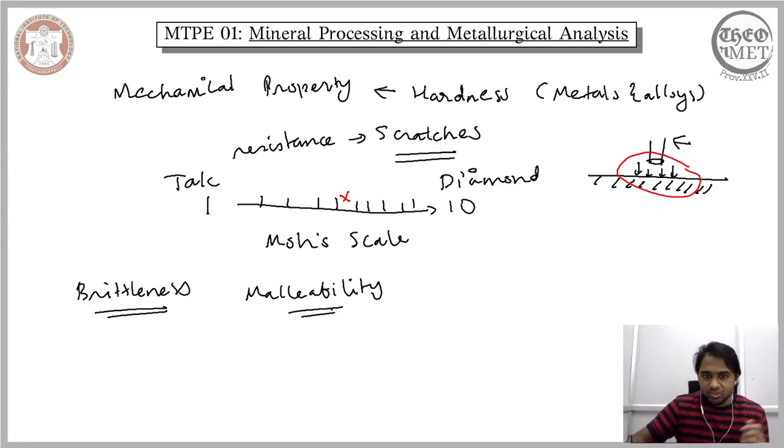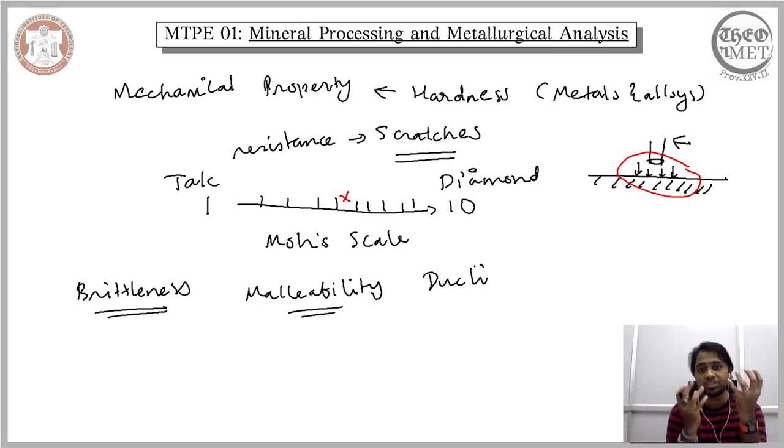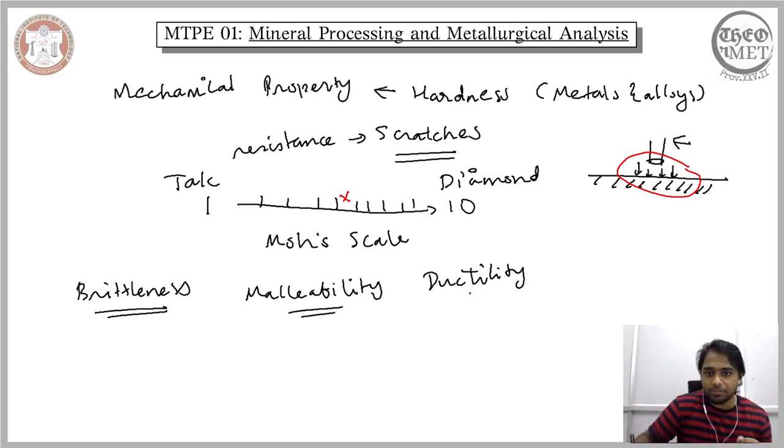Now there are also other mechanical properties. Again, these definitions are in the context of mineral processing. These are not the standard objective definitions, but definitions that are relevant to us in the context of mineral processing. So malleability is the ability of a mineral to be stretched into sheets, and ductility is the ability of a mineral to be drawn into wires.